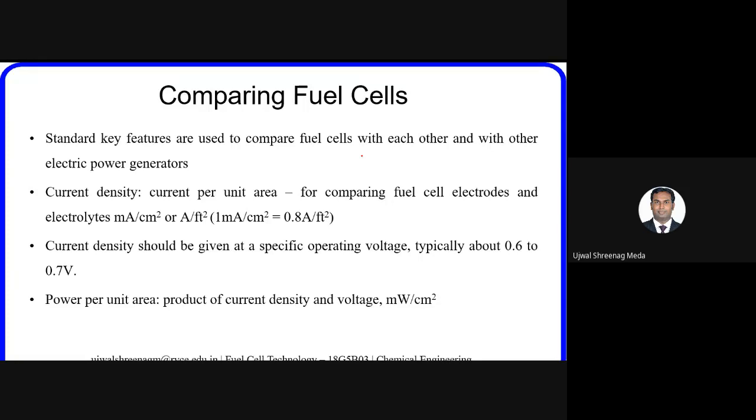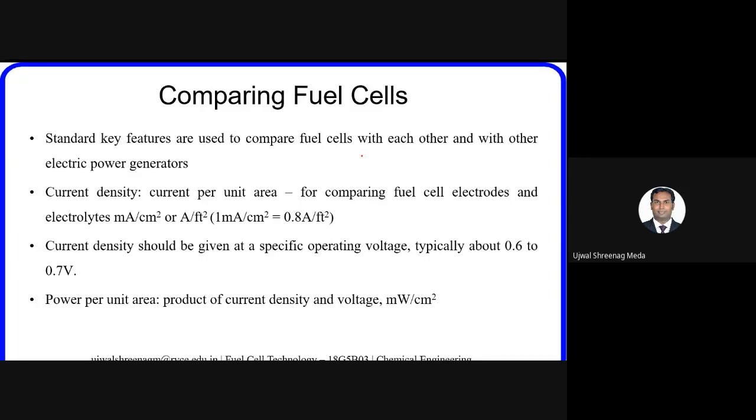Whoever speaks about fuel cells should use these terminologies only, so that everyone understands what they are speaking. For that purpose, certain terms are defined. It could be to compare among the fuel cells as well, and to compare a fuel cell system with other conventional energy generation systems as well.